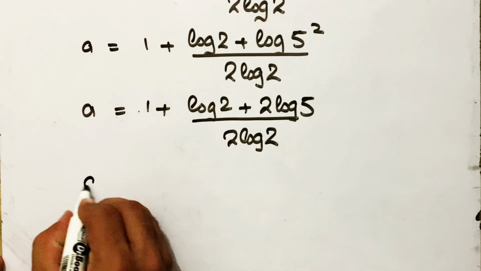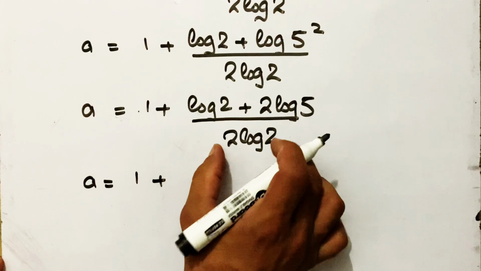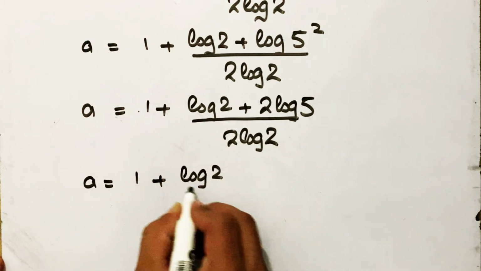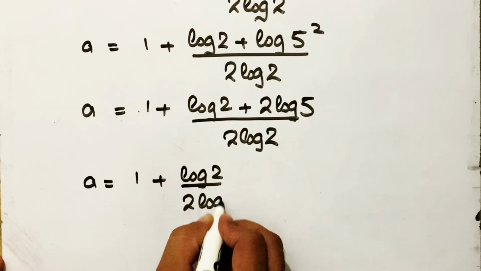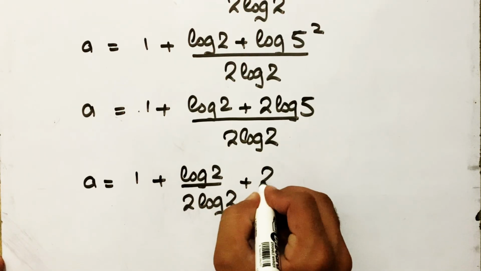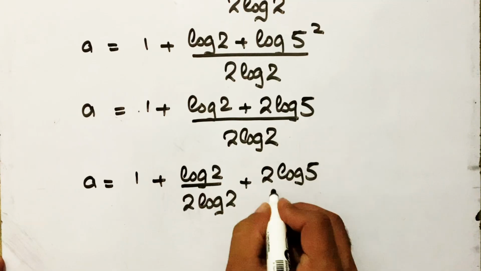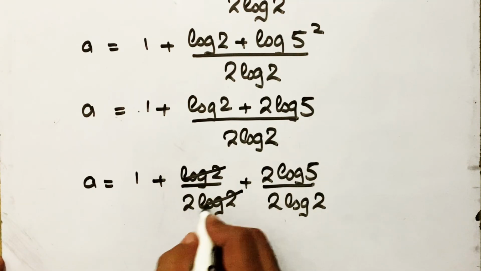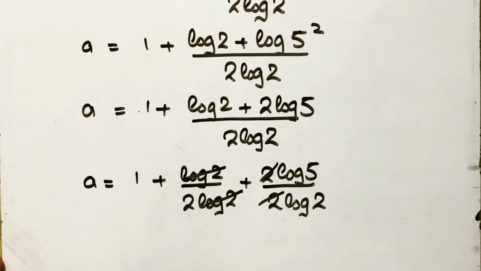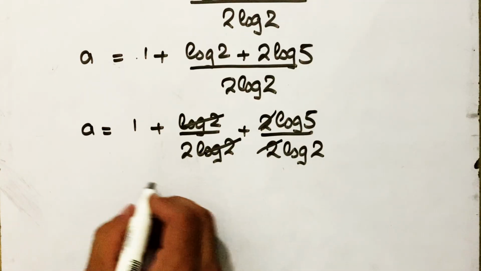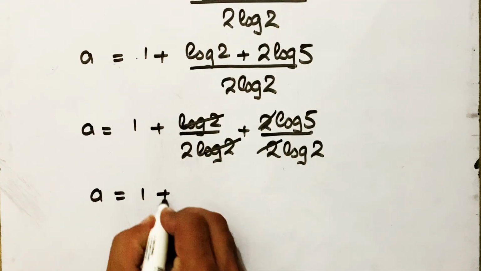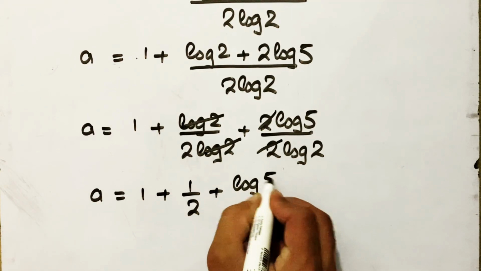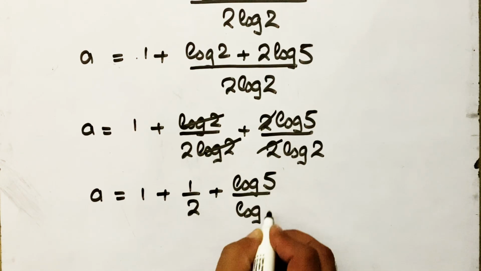So we got a equals 1 plus, if I separately divide both terms, log of 2 divided by 2 log of 2 plus 2 log of 5 divided by 2 log of 2. Log of 2 and log of 2 cancel, and the 2 and 2 cancel. So we got a equals 1 plus 1 by 2 plus log of 5 divided by log of 2.